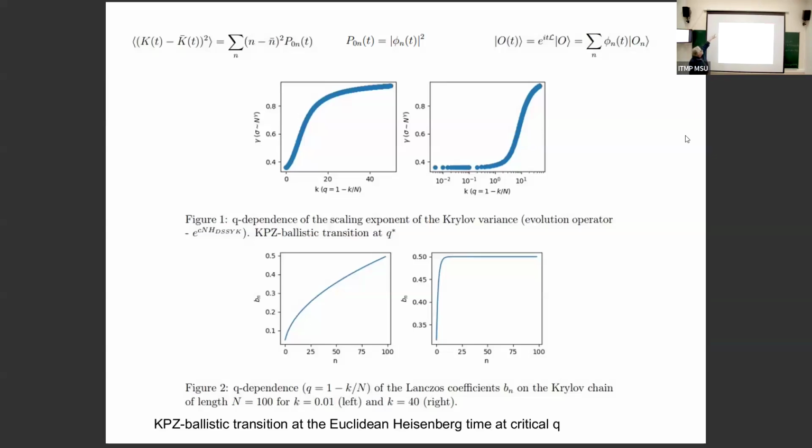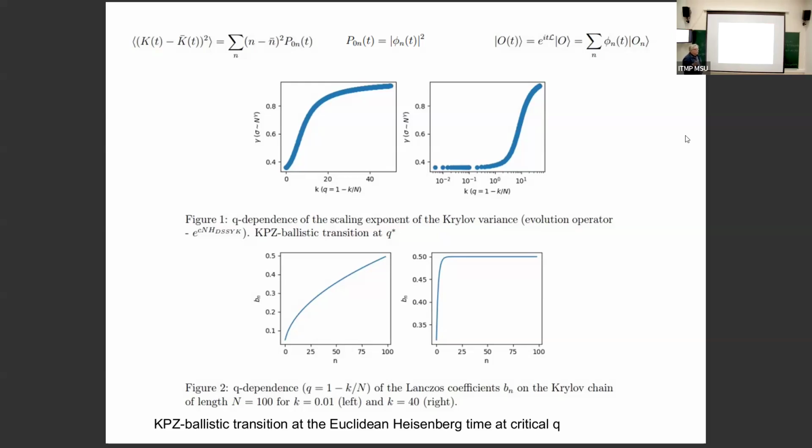Here is the definition of the object we would like to discuss, just so it's clear what is going on. It turns out that we have a transition from the conventional Gaussian behavior to so-called ballistic behavior.